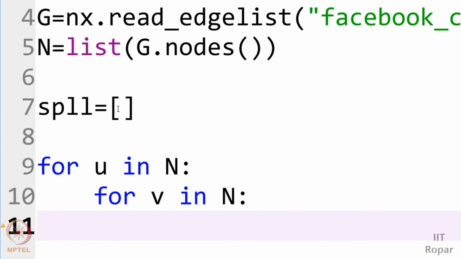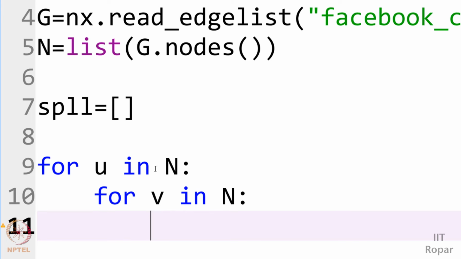Now I am going to find the length of the shortest path, but it should not be found for all the nodes, because if both the nodes are the same, it doesn't make sense, right? I don't want to go from Kolkata to Kolkata. So these two nodes must be different. Only if they are different should you go for finding the shortest path length.